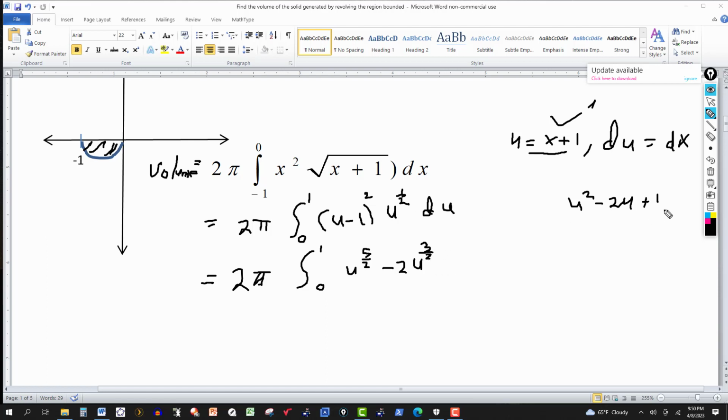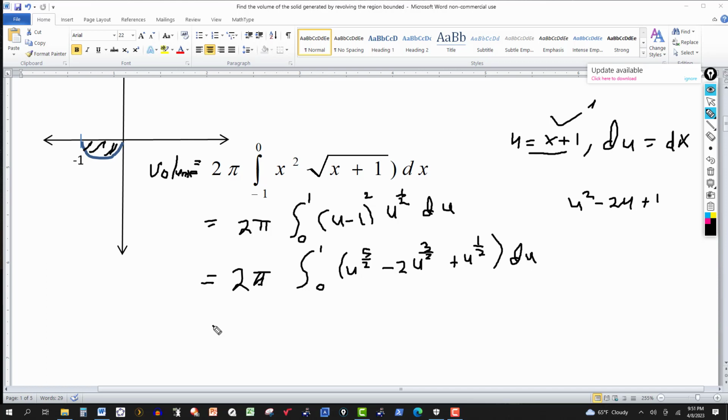And then u to the 1/2 times the 1 is u to the 1/2. So all I did is square u minus 1 and then multiply by u to the 1/2. Haven't taken the integral yet.